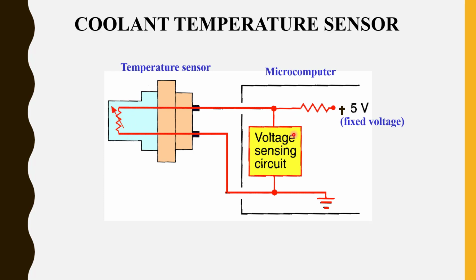Or more specifically, we know the voltage across this resistor changes as that resistance changes. So we can just measure the voltage across this resistor, and that translates to changes in temperature. So I know that if I get, we'll say, a 2-volt change in that sensor, that is designed to represent, we'll say, 50 degrees.